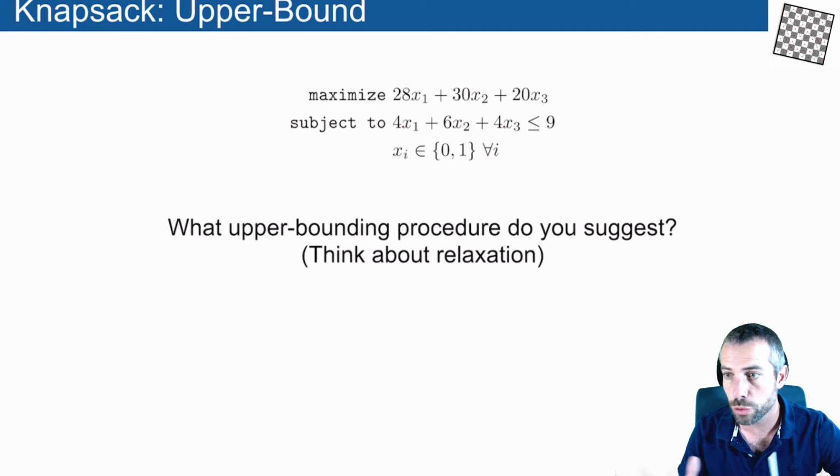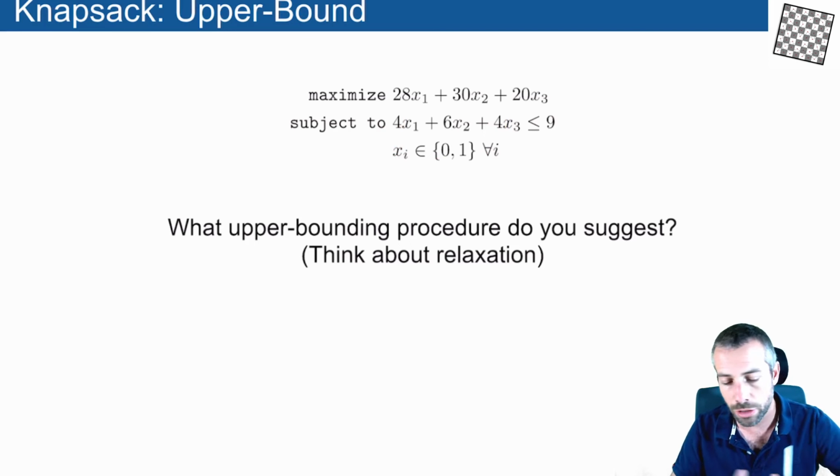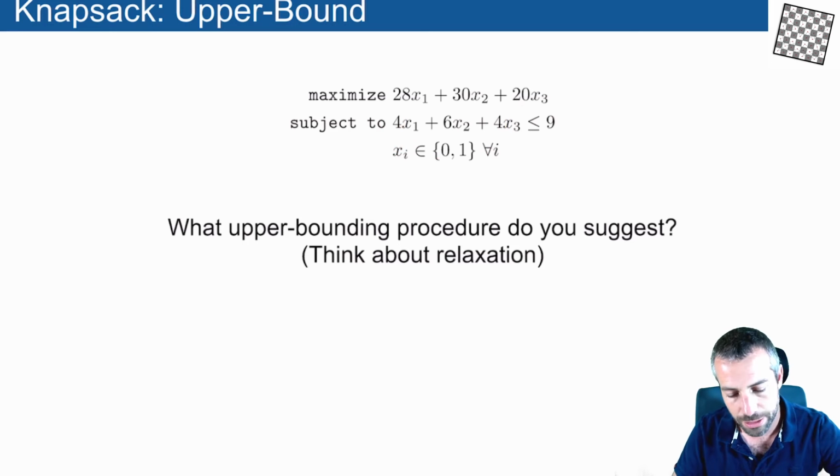Of course, you can also relax it by assuming that it can take a continuous value between 0 and 1. So two possible relaxations here. We can relax the capacity constraint, or we can relax the integrality constraint. Let's relax first the capacity constraint. We assume that we don't have the capacity constraint.